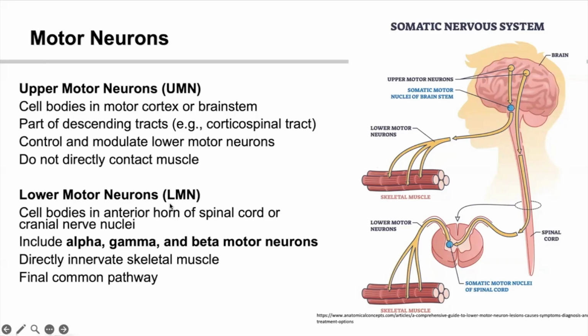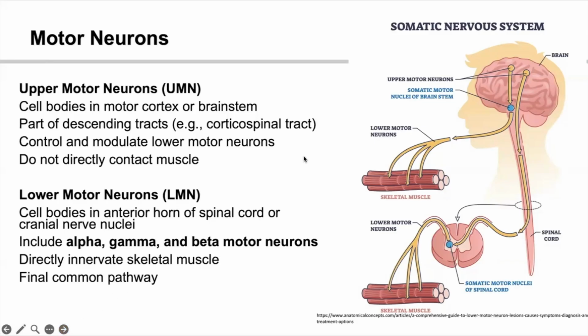In the lower motor neuron, the cell bodies are in the anterior horn of the spinal cord, and they innervate the muscles. The lower motor neurons are of 3 different types: alpha motor neurons, gamma motor neurons, and beta motor neurons.